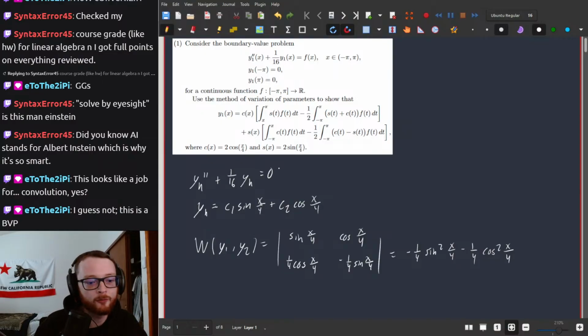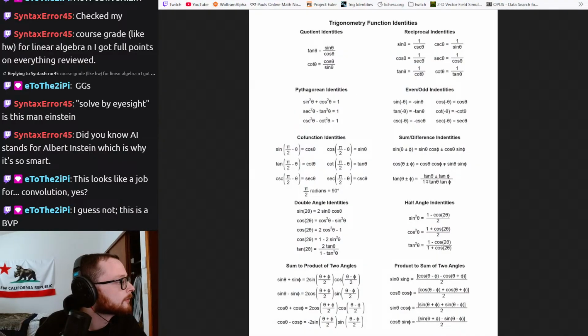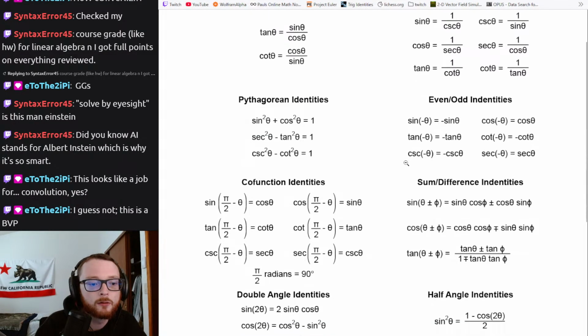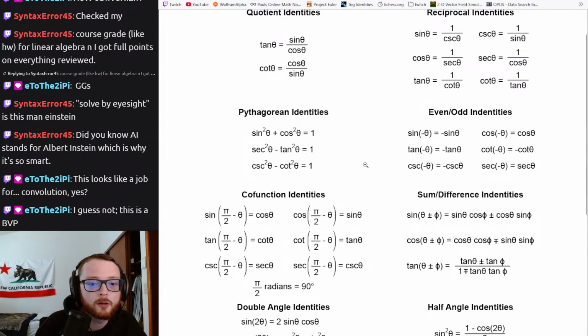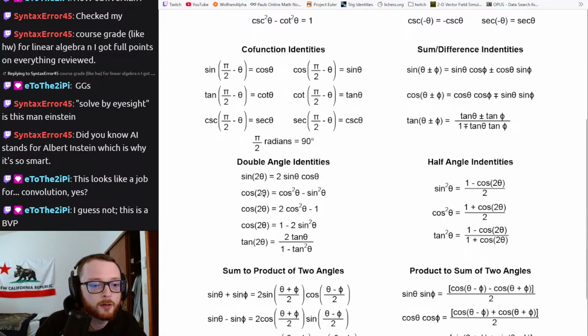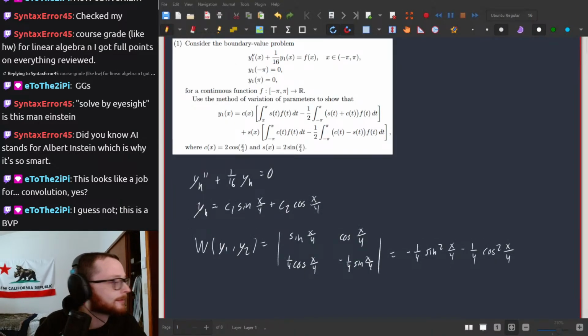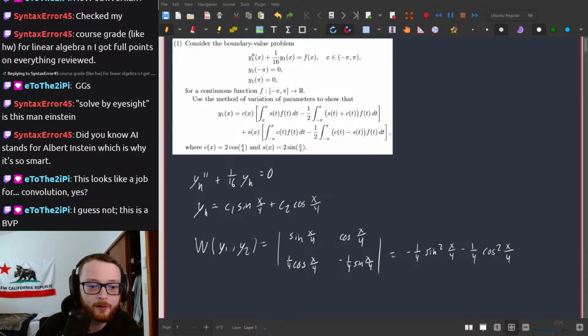Sine squared minus cosine squared, isn't that cosine 2x or something? This, oh, cosine minus sine. So it's going to be, well, they're both, wait, no, it's plus. I don't know how math works.